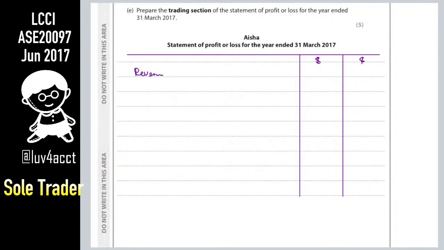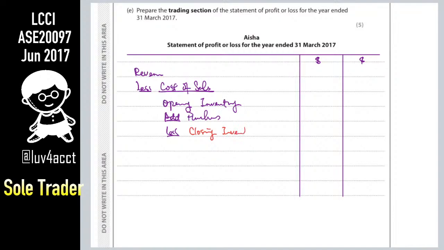Revenue less cost of sales. Opening inventory, add purchases given to you directly, less closing inventory. You have to find this. This is the last item, and then you have the gross profit.